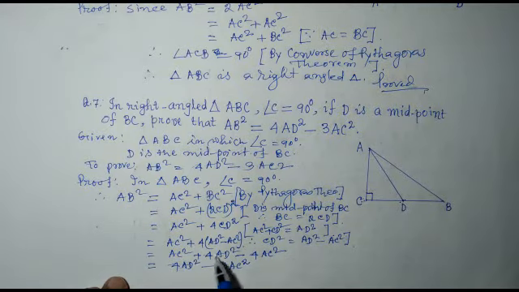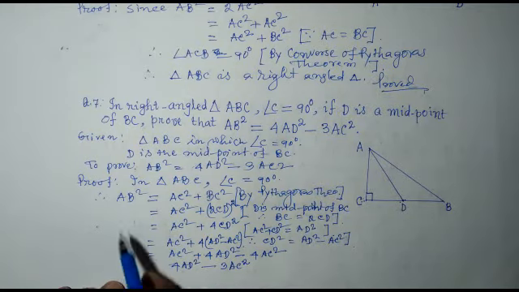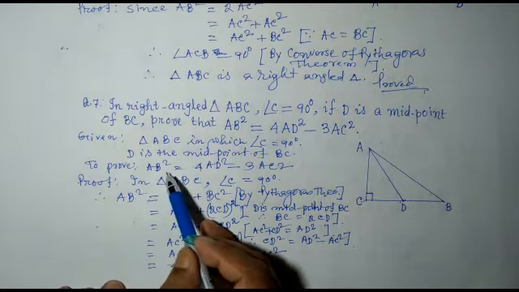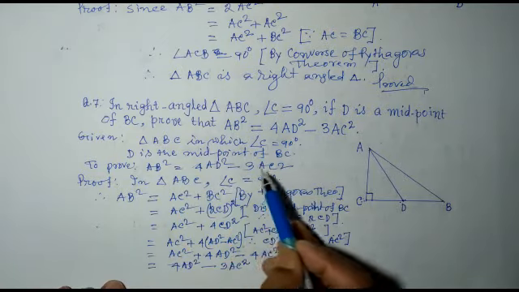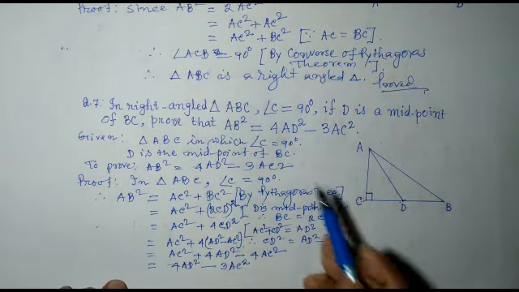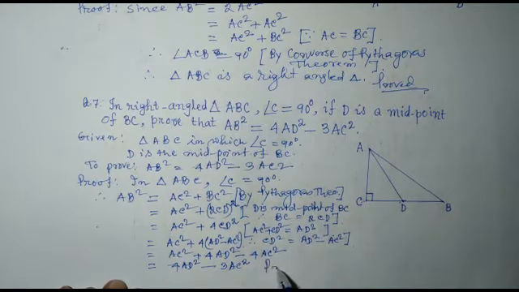So here is 4 AD square, then AC square minus 4 AC square. If we subtract, it is minus 3 AC square. So we get AB square is equal to 4 AD square minus 3 AC square, that we needed to prove. So we can write here: proved.